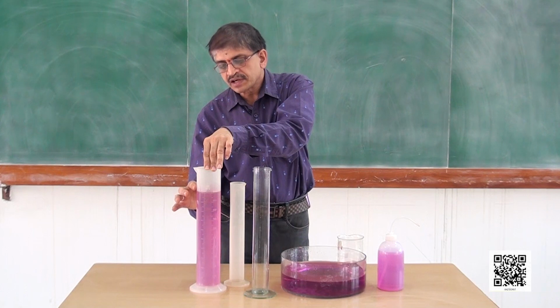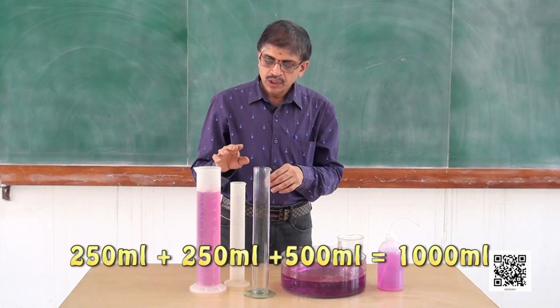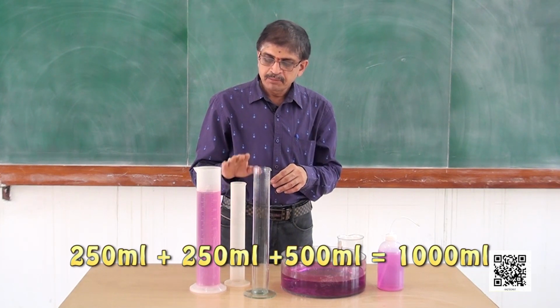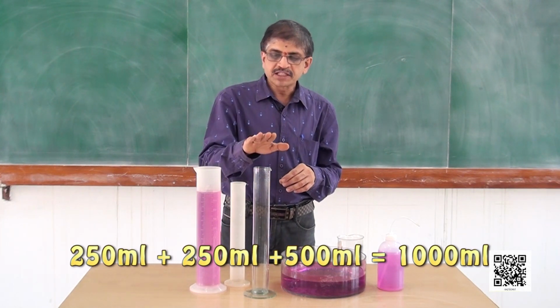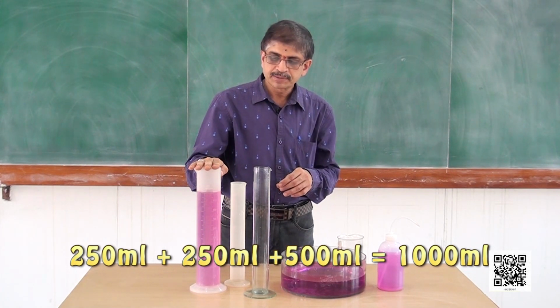So, volume of water in this measuring cylinder is 1000 milliliters. So, 250 milliliters plus 250 milliliters plus 500 milliliters is equal to 1000 milliliters. Is it not interesting? Shall we try one more way?